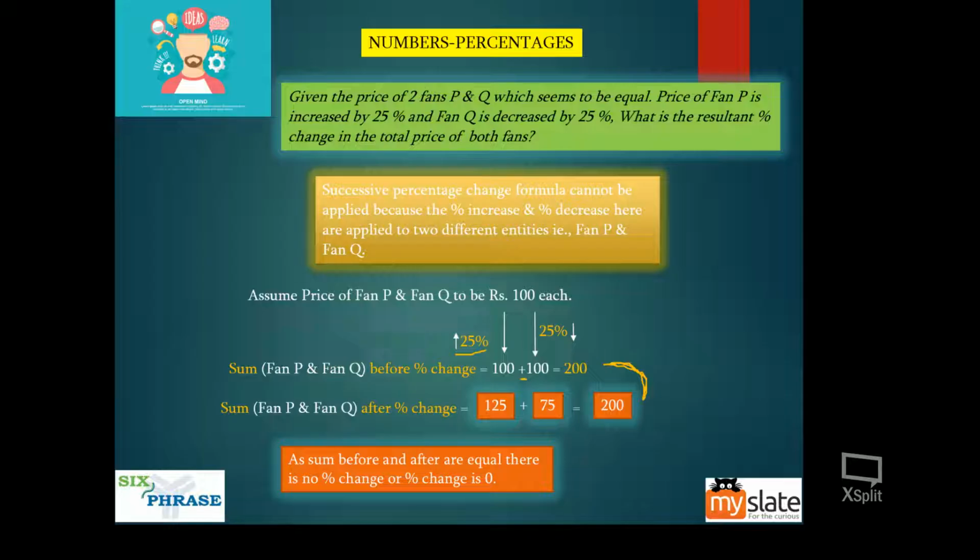But you did not get it because of this plus sign. So be careful about how the number is expressed. If it is expressed as a sum, you do the normal method. If it is expressed as a product, you do the successive change method.